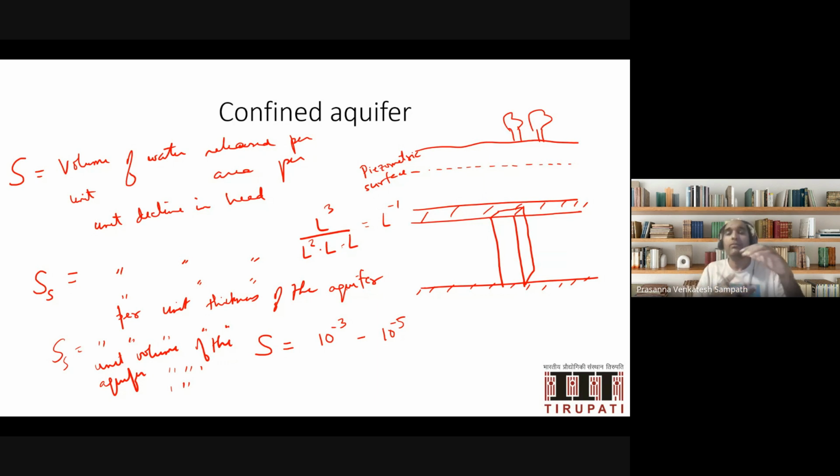Now obviously, for all practical purposes, water is very close to being incompressible. But in the limit, it does have a little bit of compressibility, and that plays a role in the confined aquifer. So the water gets released from storage by compressing the aquifer and compressing the water a little bit, right?